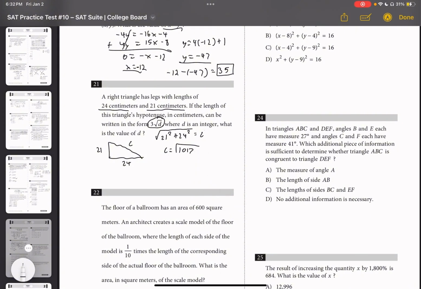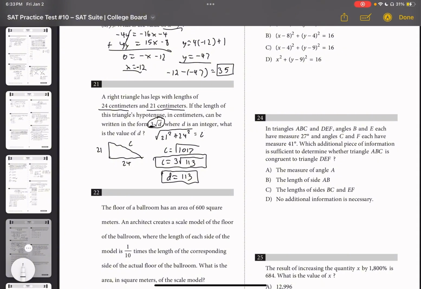And we know if 3 is on the outside here, when we factor, we're going to have to take out a 9, so we have to divide this inside part by 9 so we can take out a 3. So let's see if it's divisible by 9, and 1017 is divisible by 9. We could take out a 3, and we keep in 113. So c is equal to this value. So d is equal to 113.